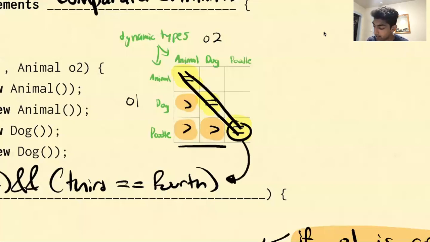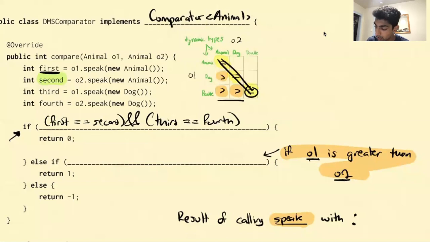So what we can say, I think this is our first line of evidence, is, I'm going to write this in pseudocode, if O1 is a poodle, right? This is saying that O1 is greater than O2 because O2 can't be a poodle, because the first check would have accounted for that. So if O1 is a poodle, we want to return 1.